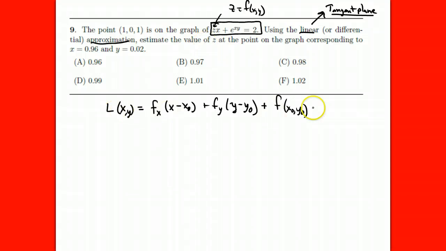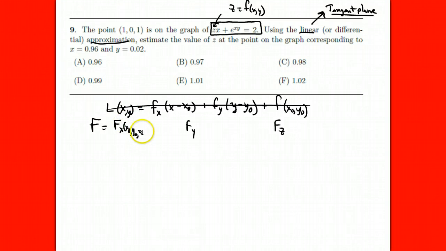So we can scrap this and go with the capital F, where we find the tangent plane by taking the x partial, the y partial, and the z partial, plugging in the point of interest, x naught, y naught, z naught, multiplying by the associated part, x minus x naught, y minus y naught.